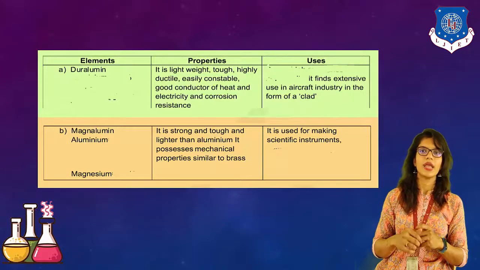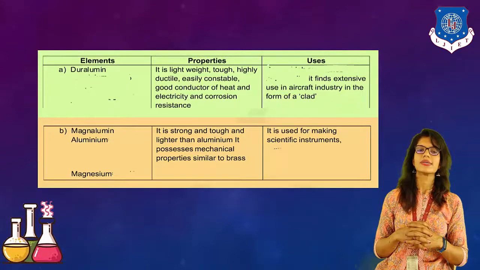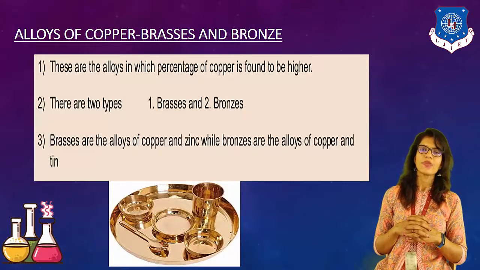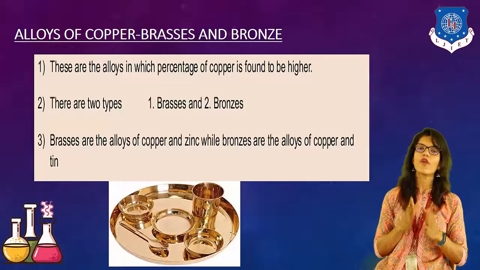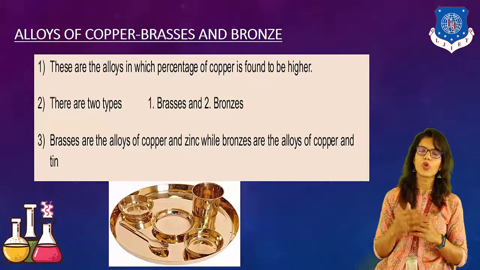Now, the next one is alloys of copper, brasses and bronze. Here we will take a look at alloys of copper. Generally they can be of two types, brass and bronze.